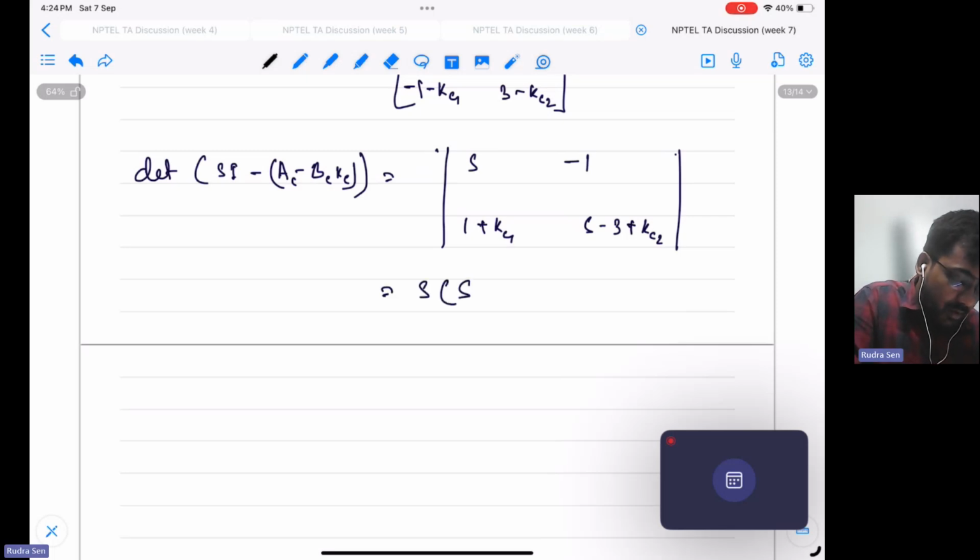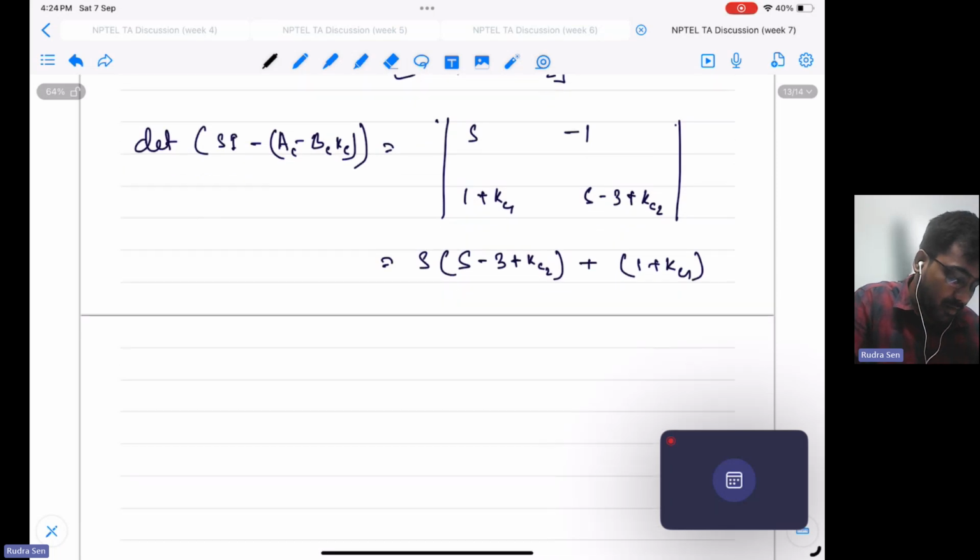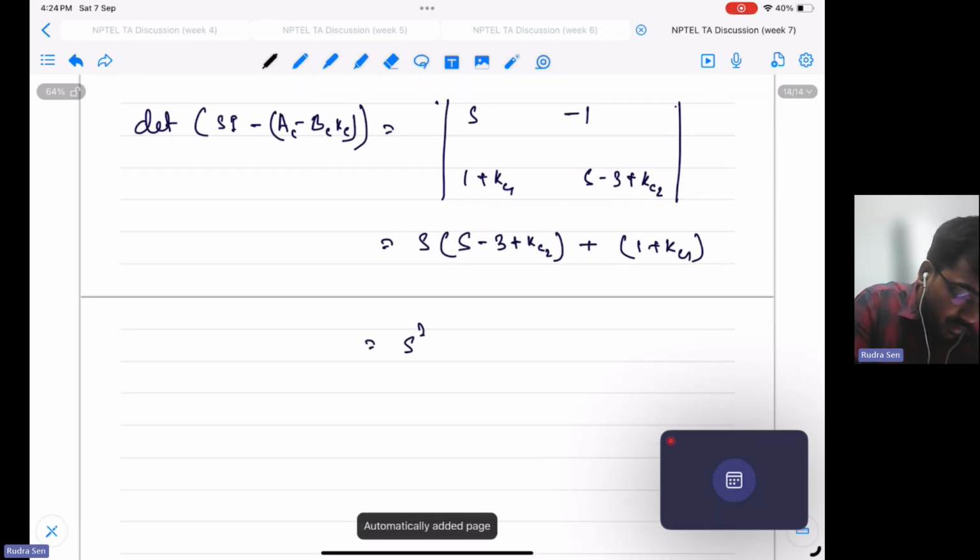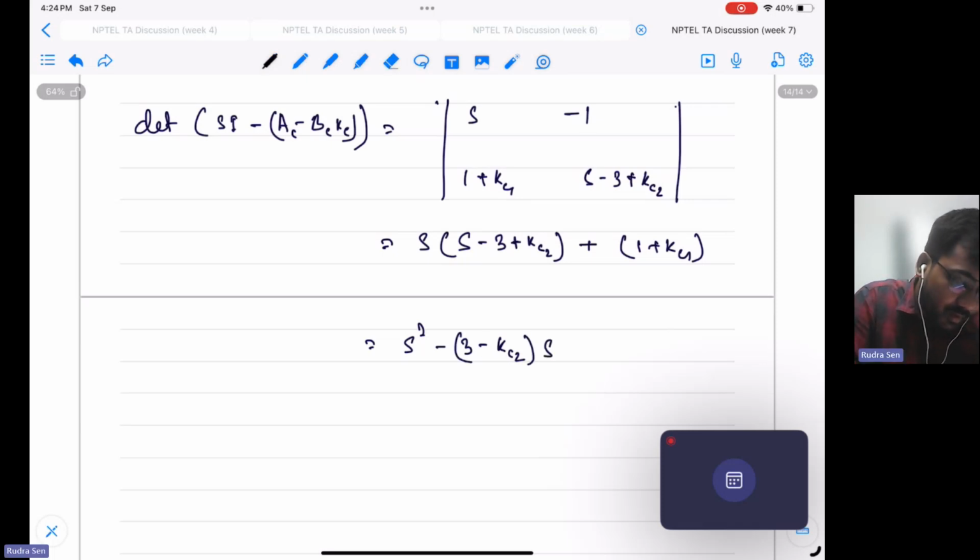It's s into s minus 3 plus kc2, plus 1 plus kc1. So we get s square plus (kc2 minus 3) s plus (1 plus kc1).